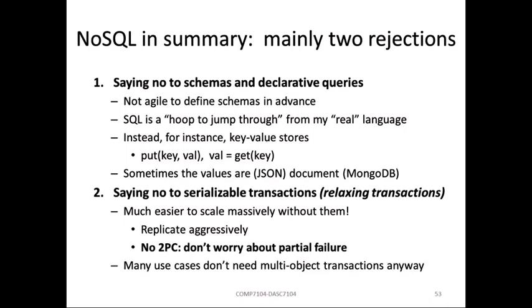And oftentimes SQL is seen as too complex a language for the actual needs in terms of API on such a system. Oftentimes even a simple so-called key value API may be sufficient. For instance, a query language which supports just two operations: get by key, give me the value associated to a key, or put, store a new key value pair.